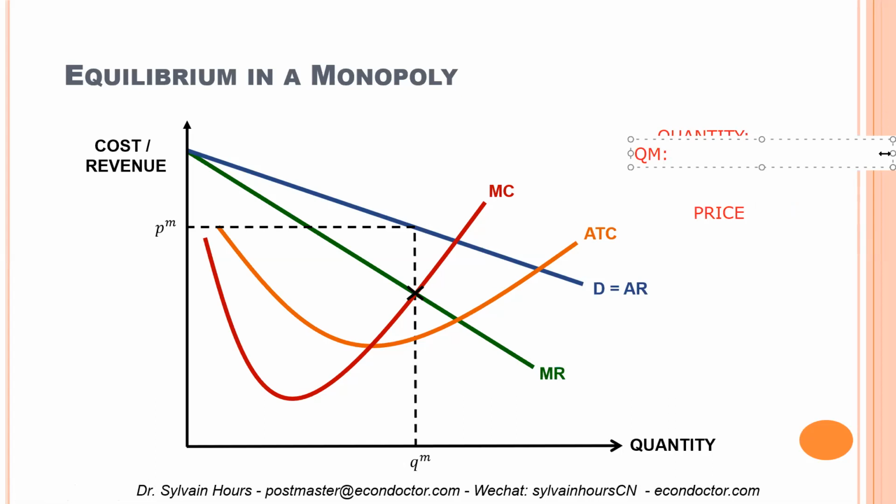Quantity QM is such that MC is equal to MR. And then the price PM is simply the demand price at QM, the maximum price consumers are willing to pay to purchase the quantity QM. It's not really a formula. Does it make sense? Yes?